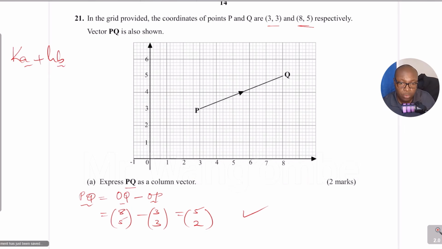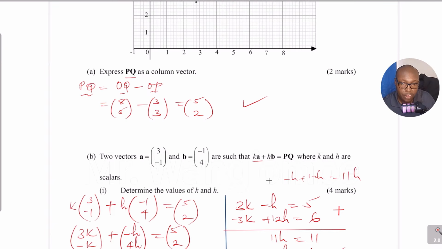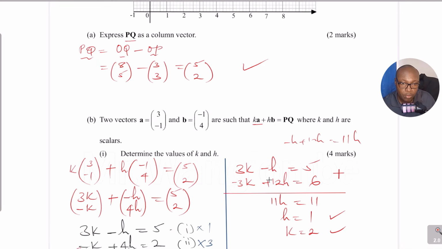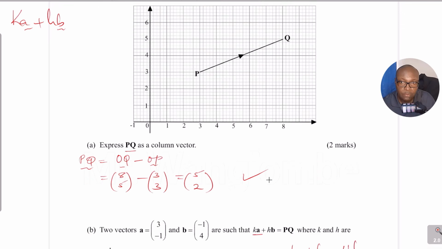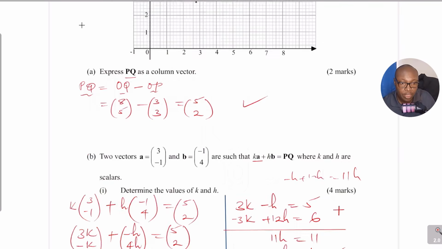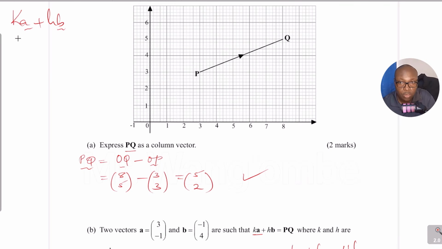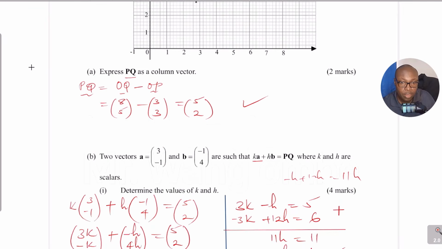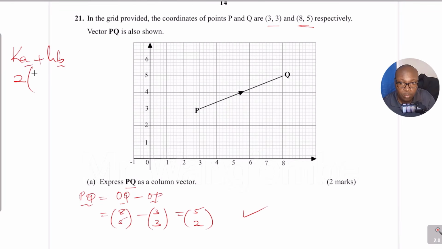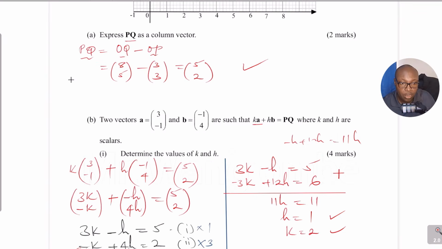Let us first get Ka. We obtained K as 2, so we are going to take 2 times A. A is 3, -1. Then plus H. H is 1.